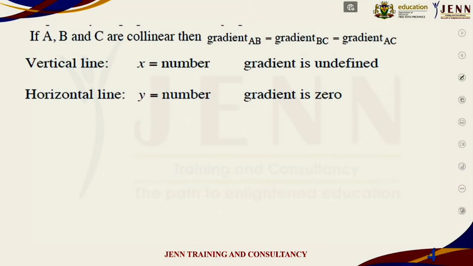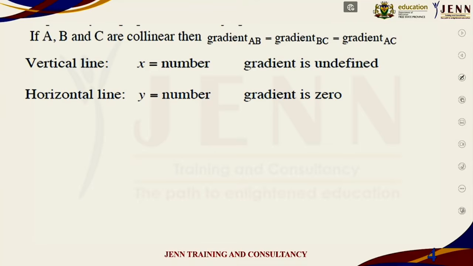Then let us continue. If A, B, and C are collinear, then the gradient of AB equals the gradient of BC. It also equals the gradient of AC. So we are talking about the concept of collinear points.